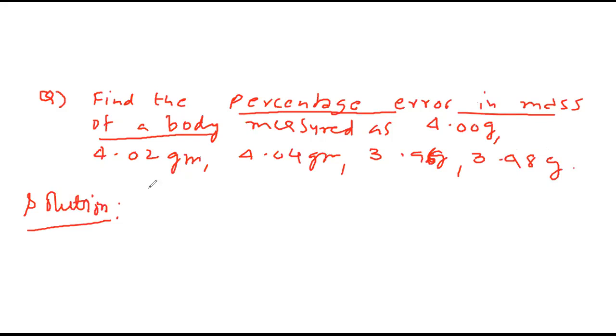3.98. So first of all, I will give some name to the masses. Since it is mass, I can call M1. Had it been time, I would have called T1, T2, T3. Area A1, A2, A3. You can give any notation, still you will get full marks. But as per the alphabetical notation, mass is denoted by M1.